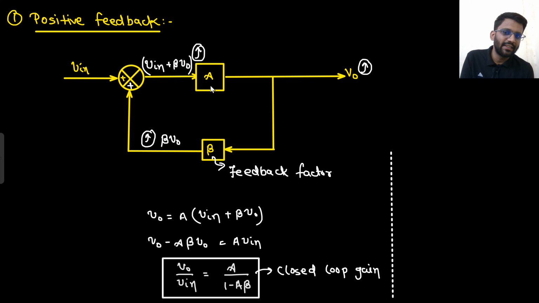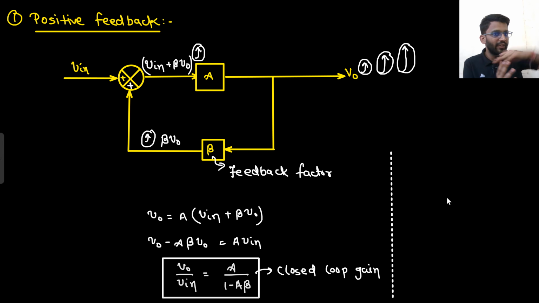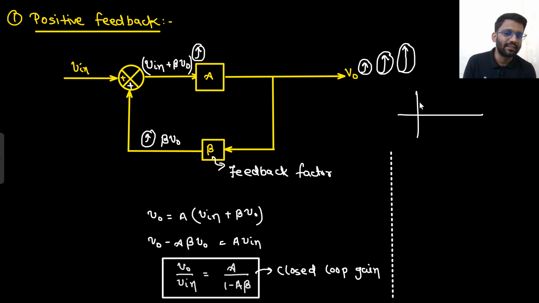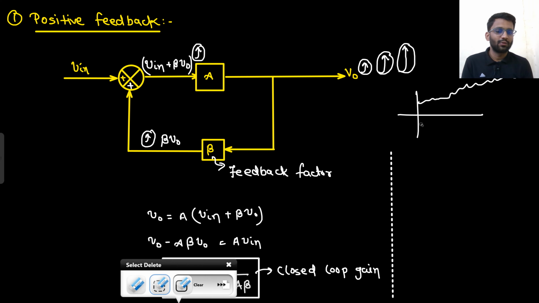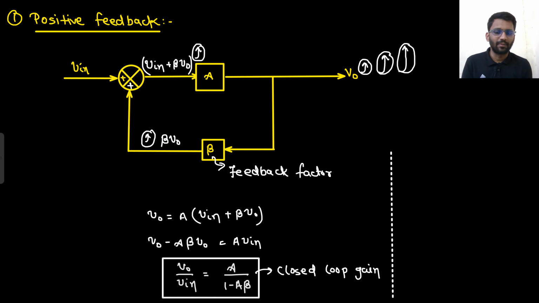And if this value is increasing, then it is simply getting multiplied with this, so this value will further increase, right? And if this is further increasing, then it will go into the loop again and increase again. So your output will keep on increasing, and your output will become unstable. So in positive feedback, your output is unstable.